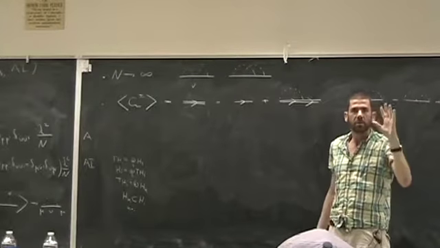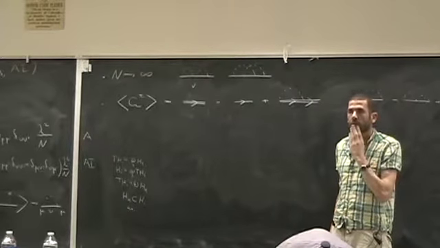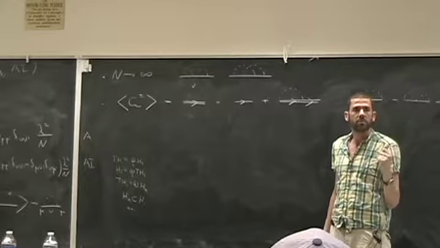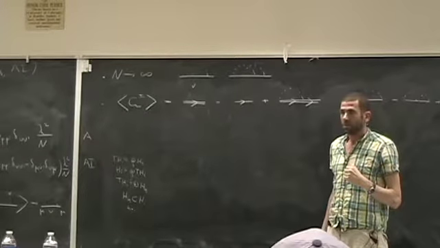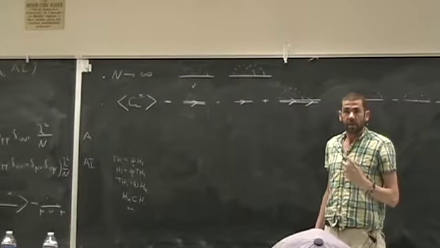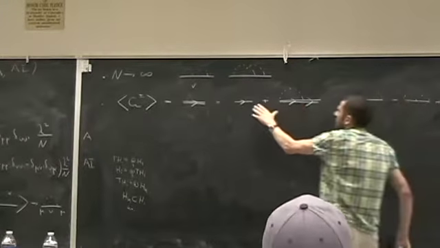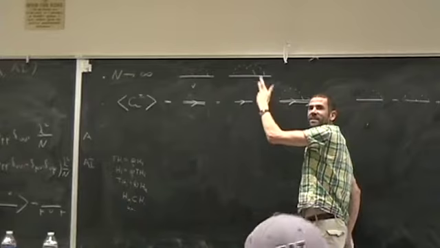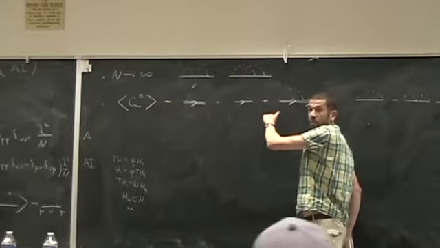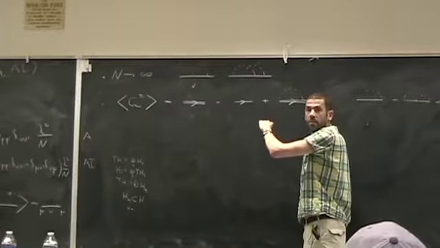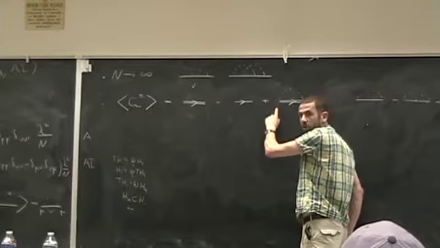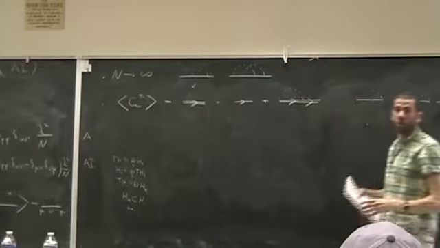Is that clear, or ask if it's not clear. So that's controlled by log n or not? Yeah, everything which is not captured by this equation here is of lower order in 1 over n. This is summing over all diagrams with non-crossing impurity lines.